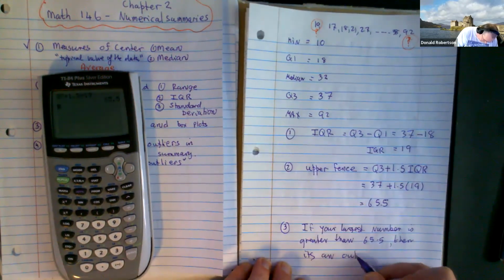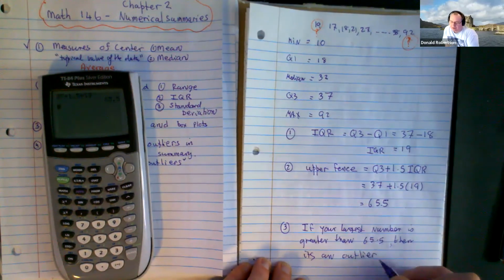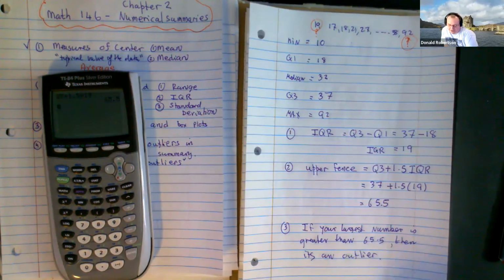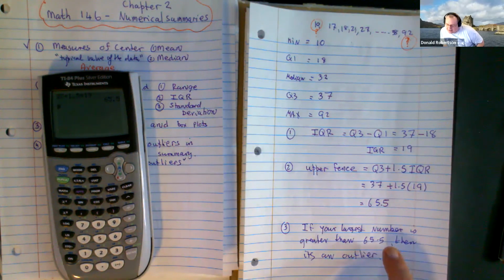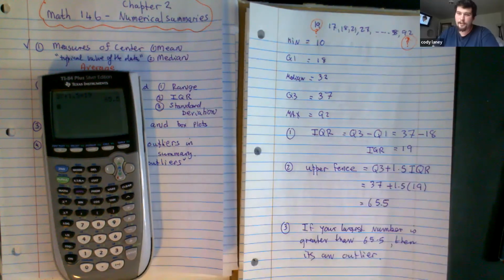Which I now think I know what you were talking about, Cody. It's not the way you said it, it's just I'm not that bright. You were saying, is there a rule like if it's between here and here, it's an outlier? Do you see that's kind of what you were saying? If it's bigger than this number, it's an outlier. Now, is 92 bigger than this number? Okay, so you find the upper fence to find the outlier.